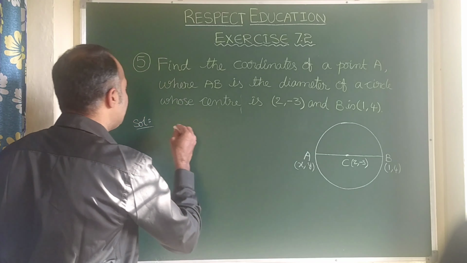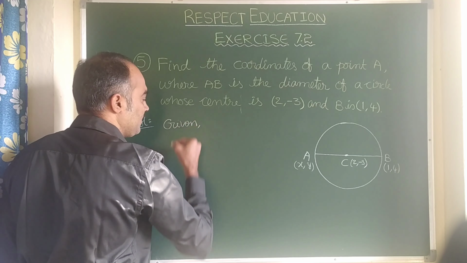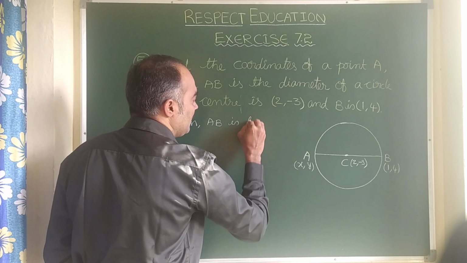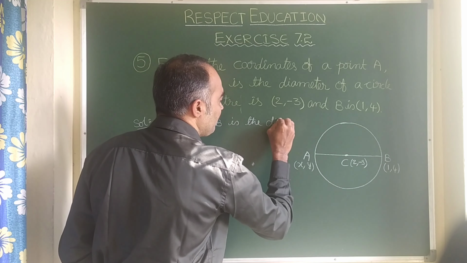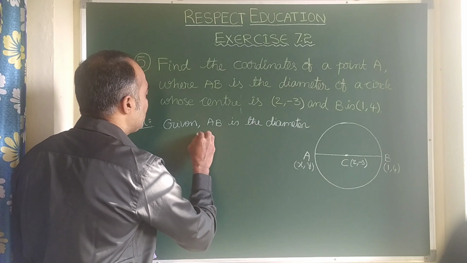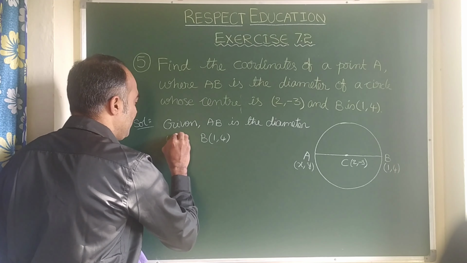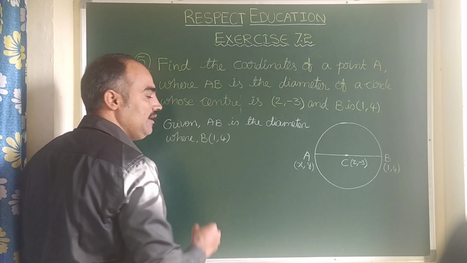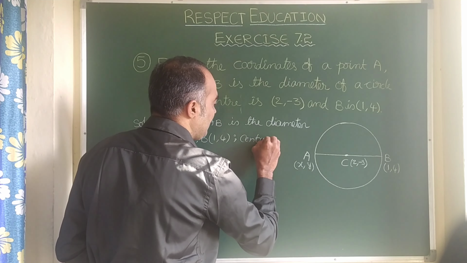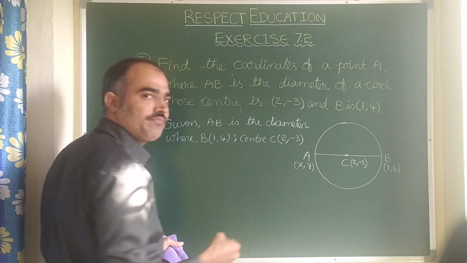So here we can write, given AB is the diameter, also B is (1, 4) and center C is (2, -3).